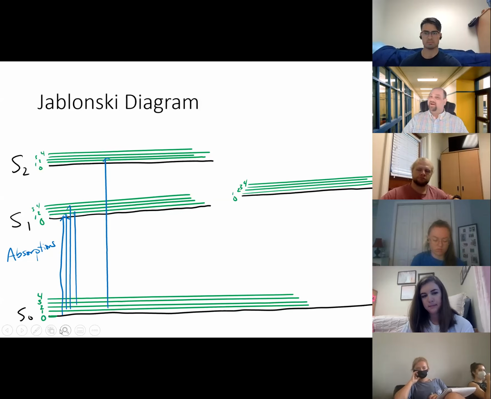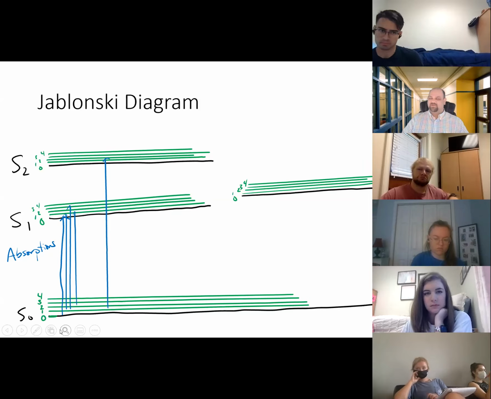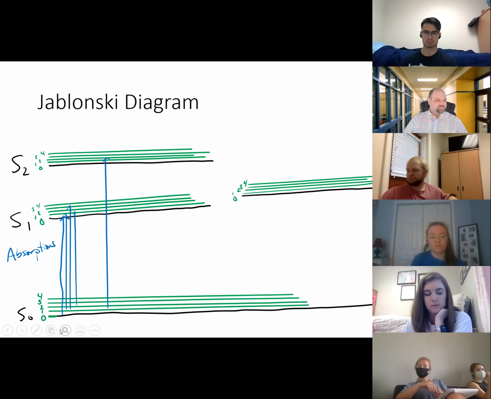That was actually my PhD work. We cooled molecules down to about 10 Kelvin and then took their UV spectrum to see what their lowest energy structural conformation was without having to worry about all those vibrations. Okay. And so those are the absorptions that we see in a molecule.